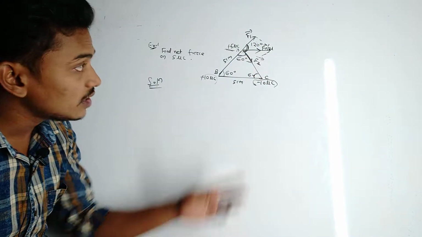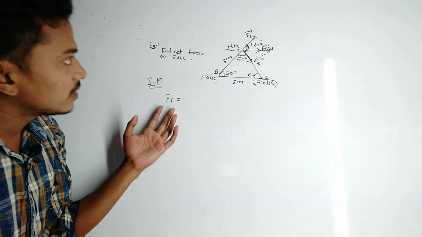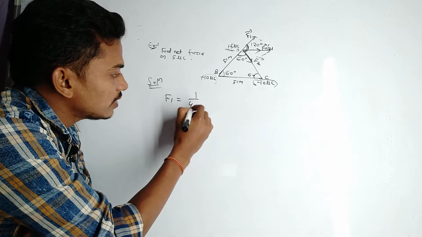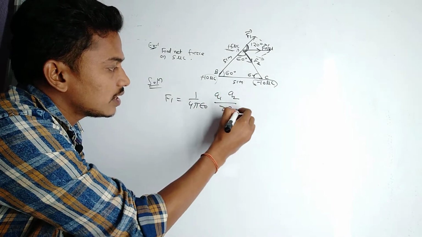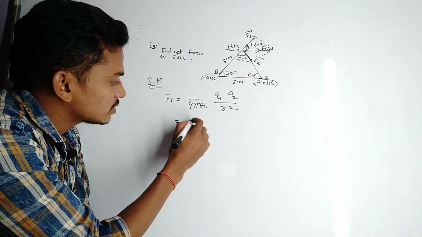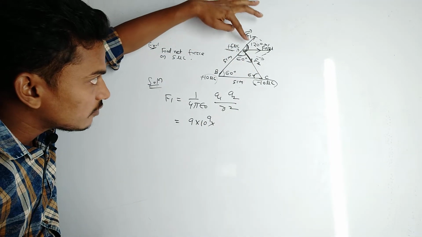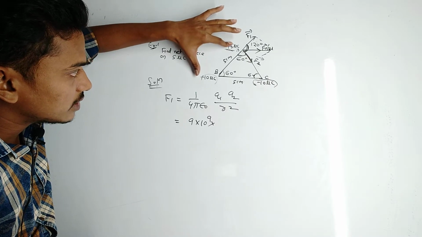So first find F1. F1 can be found by using Coulomb's law, that is 1 by 4 pi epsilon naught q1 q2 by r square. The value of 1 by 4 pi epsilon naught in the SI system is 9 into 10 to the power 9. For the force F1, consider the two charges 5 microcoulomb and 10 microcoulomb.